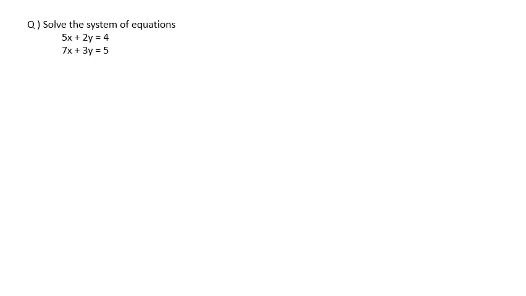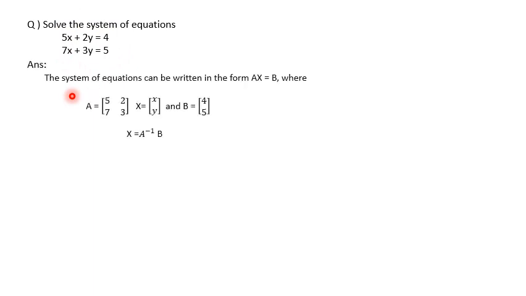Here is one more question. Solve this system of equations using matrix method. Here this is the system of equations. So here this is the formula Ax equal to B. So this is the coefficient matrix, unknown matrix and constant matrix.